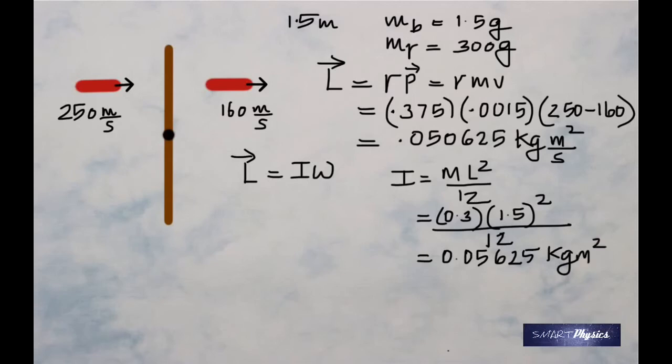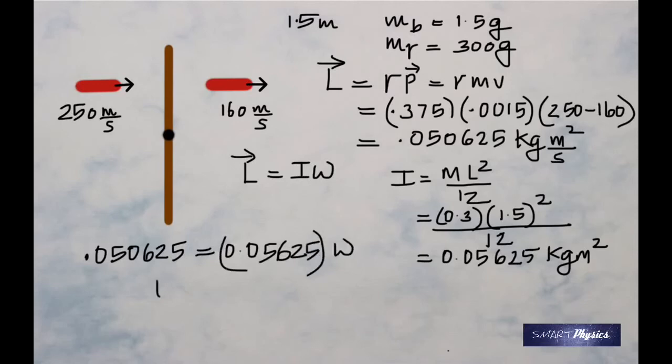in kilogram meter squared. And then remember that the angular momentum is conserved, which means if you multiply this I with the omega, which I'm doing right now, 0.05625 times omega, you should get the angular momentum given to the stick, of course.